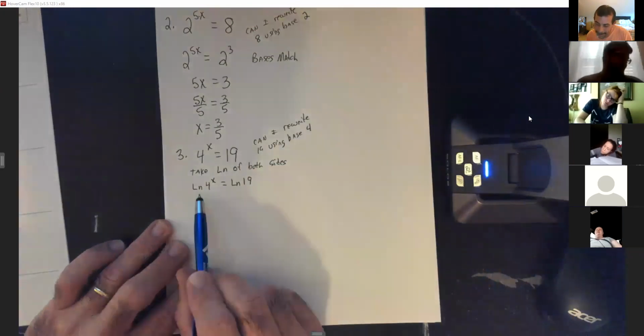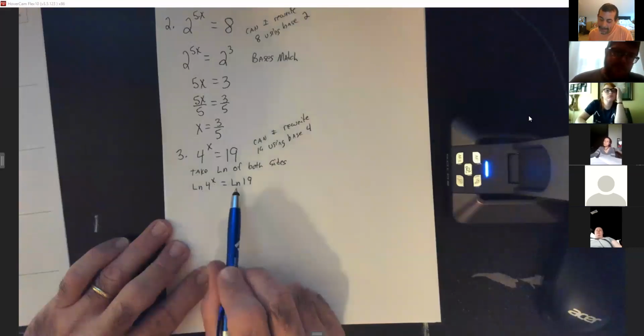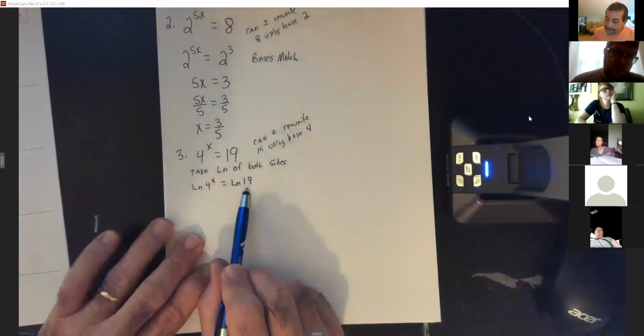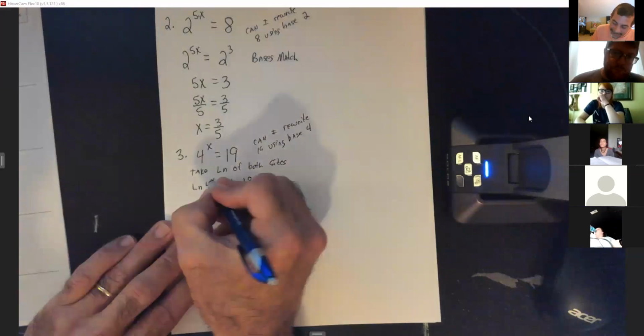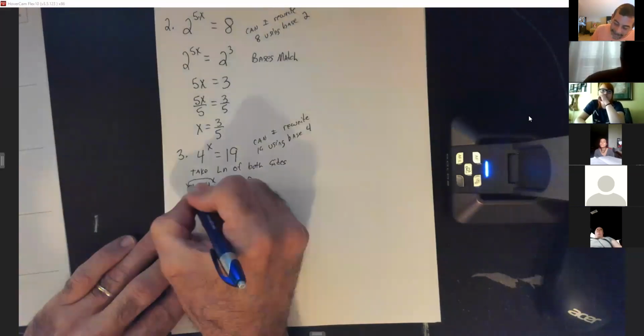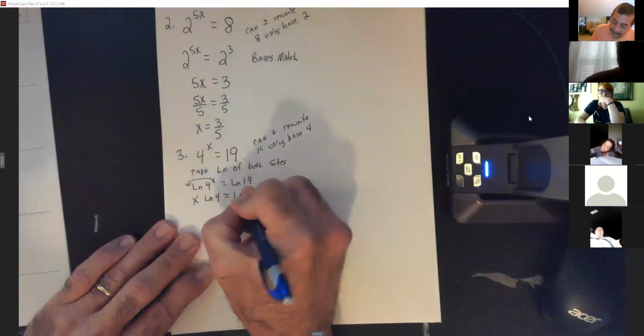Over here, you got ln 4 to the x. Over here, you got ln of 19. Y'all know we don't like these exponents sitting up here like that, do we? I'm going to move that exponent to the very front of this, so that I get x ln 4 equals the ln of 19.